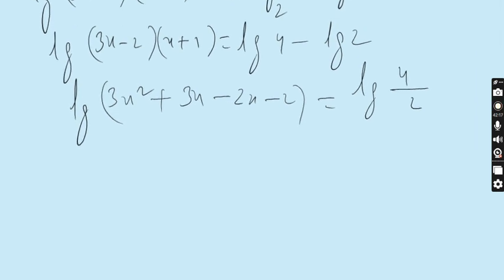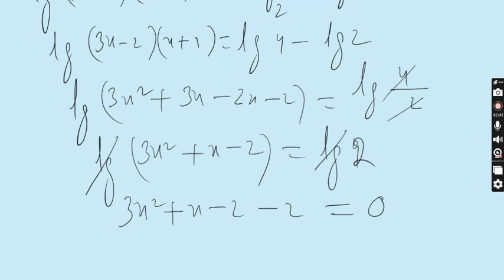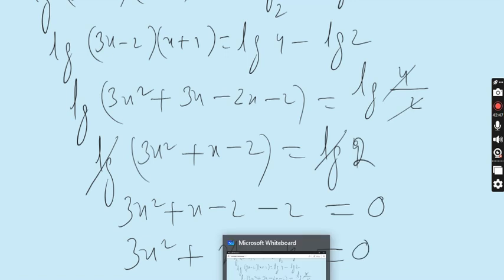Log 3x square, 3x minus 2x is x, minus 2, and this log cancels by this log. 3x square plus x negative 2 is equal to 4, so 3x square plus x negative 4 is equal to 0.